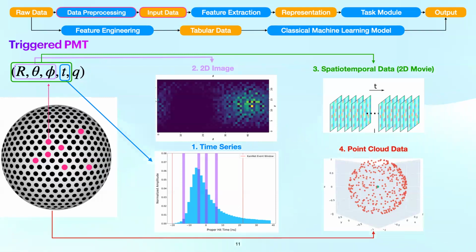And then we have a second PMT, x2, y2, z2, t2, q2, and you can have as many PMTs as you want. But remember, each event comes with a different number of PMTs. So maybe the first event has 200 PMTs, the second event has 400 PMTs. So the first event is going to be an array of 205, the second is going to be 405. So they are totally different from each other.